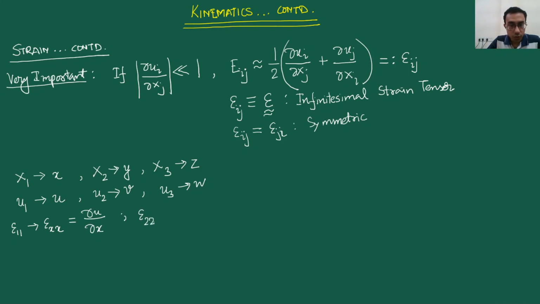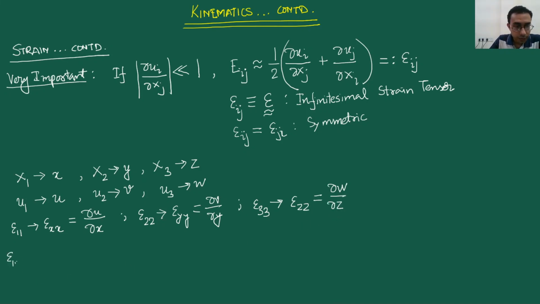For epsilon 2 2, that is epsilon yy, and that is nothing but del v del y, which corresponds to del u2 del x2. Epsilon 3 3, that corresponds to epsilon zz, and that is equal to del w del z.